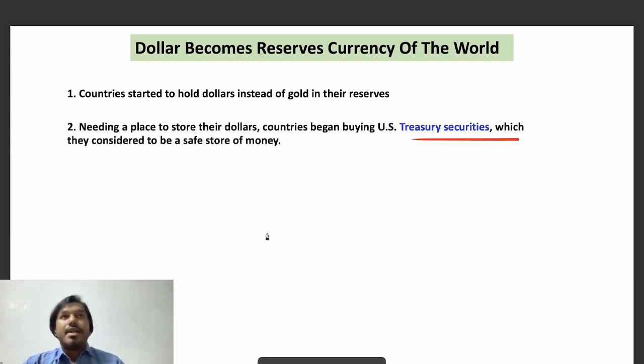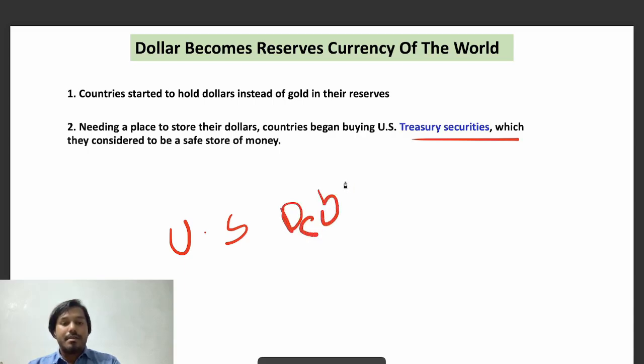Now many countries started to hold dollars, but they don't want to hold the dollars in cash form. So in order to store the dollar somewhere else, what they do is they go and buy US treasuries. So what does this exactly mean? America, if they want to run their economy, they need debt.